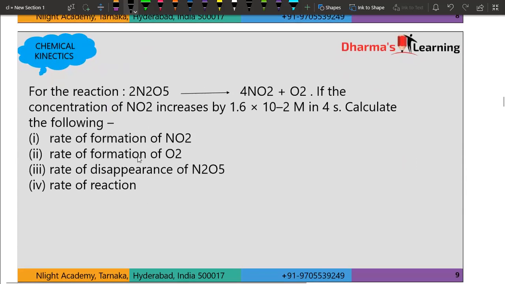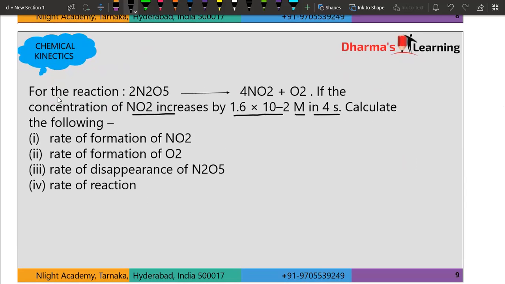See here. We have the reaction 2 N2O5 gives 4 NO2 plus O2. If the concentration of NO2 is increased by 1.6 into 10 to the power of minus 2 molar in 4 seconds, we need to calculate the following.